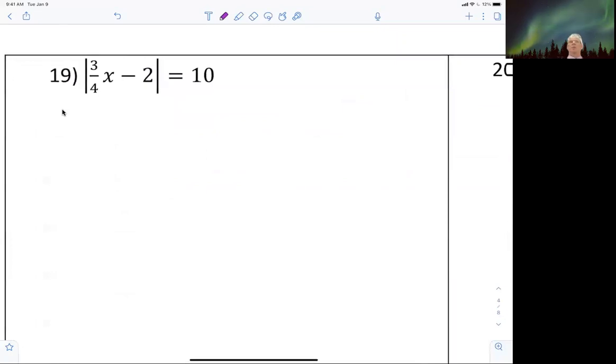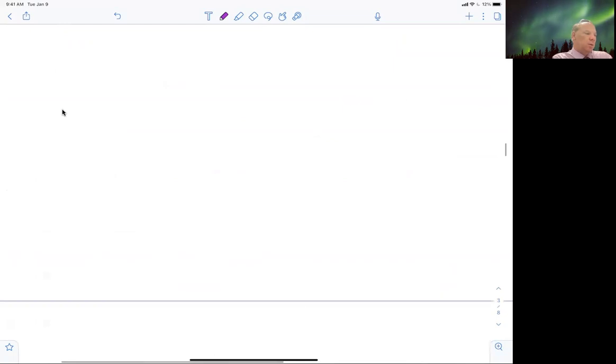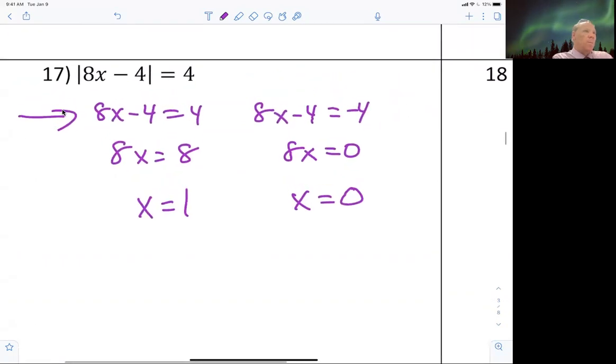19, Jolie. Hold up. What? So if one of the answers is negative and one of them is positive, would it be no solution? No, it's not. The only time it's no solution is if the absolute value equals a negative.